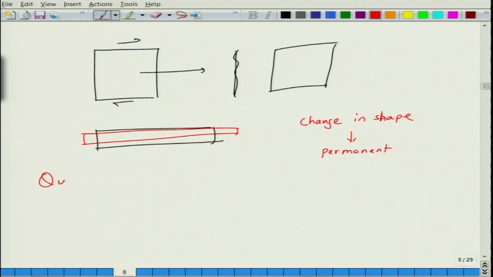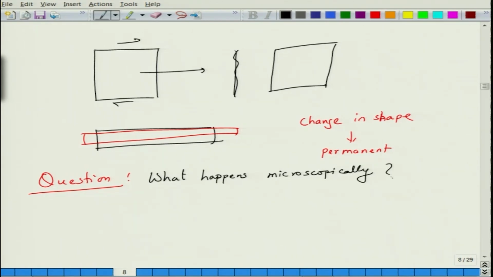So the question we ask is, what happens microscopically? So within the material, because material is made up of atoms, right?